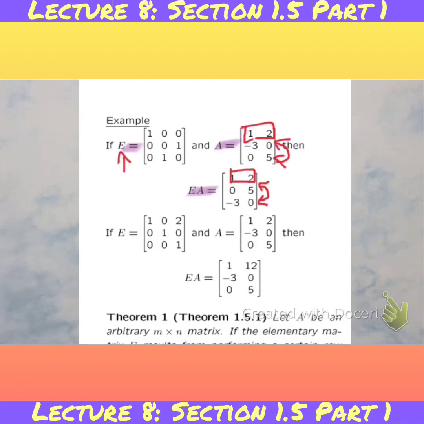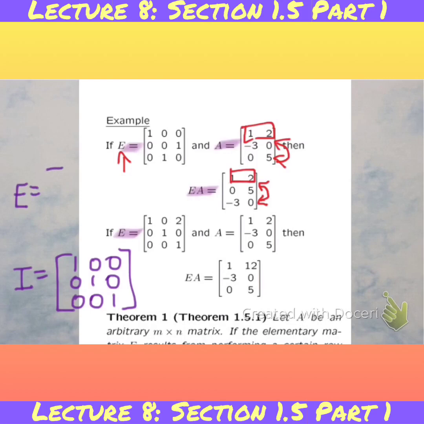Okay, let's look at the next product. So this E is clearly an elementary matrix. Let's take the identity matrix and we can construct E by doing the following. We take the last row of the identity matrix and we use that as our last row. We take the second last row of the identity matrix and we use that row as well.